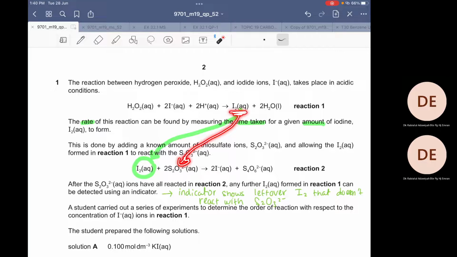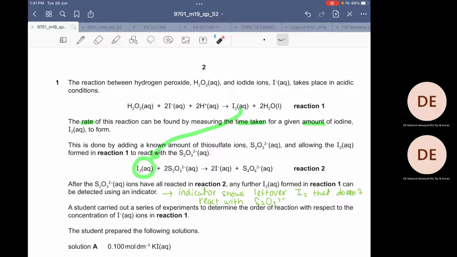So at the start or at the first few minutes or seconds of the reaction, you will not see any iodine being formed because any iodine formed will quickly be wiped out or reacted with the thiosulfate. So when will we see the indicator changing color? Once all the thiosulfate is being used up to react with the iodine here, then you will have what we call excess iodine or unreacted iodine.